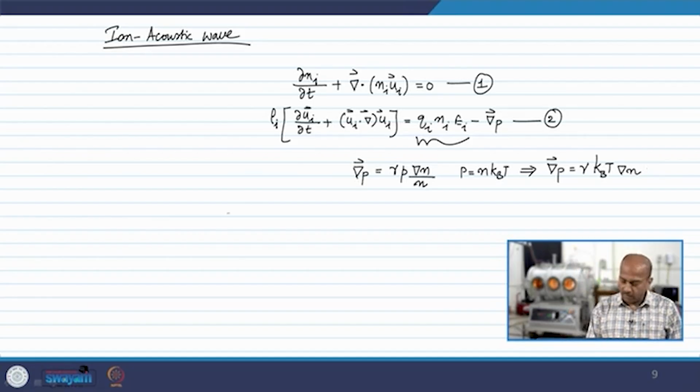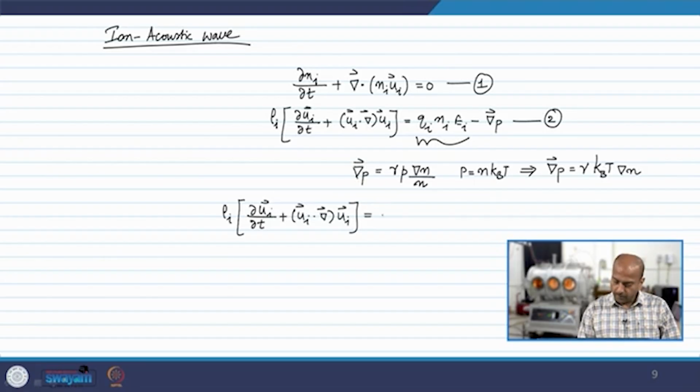So we can rewrite the equation for the ions as rho I times (dou Ui by dou T plus Ui dot del Ui) equals Q Ni E minus gamma kB Ti del n.